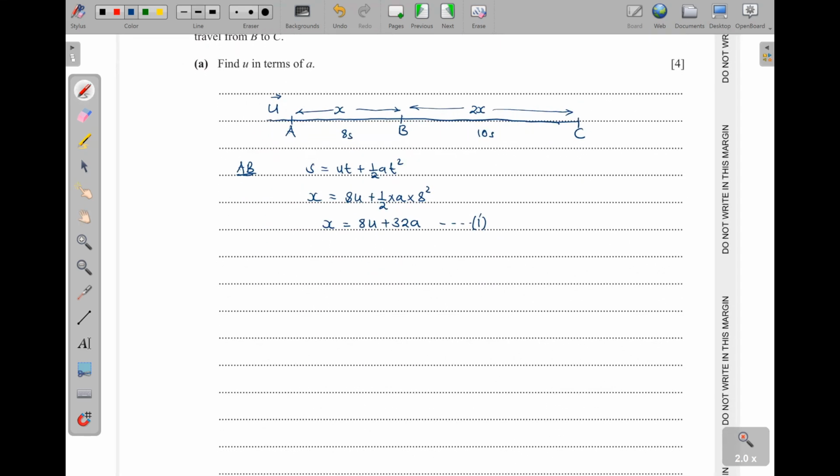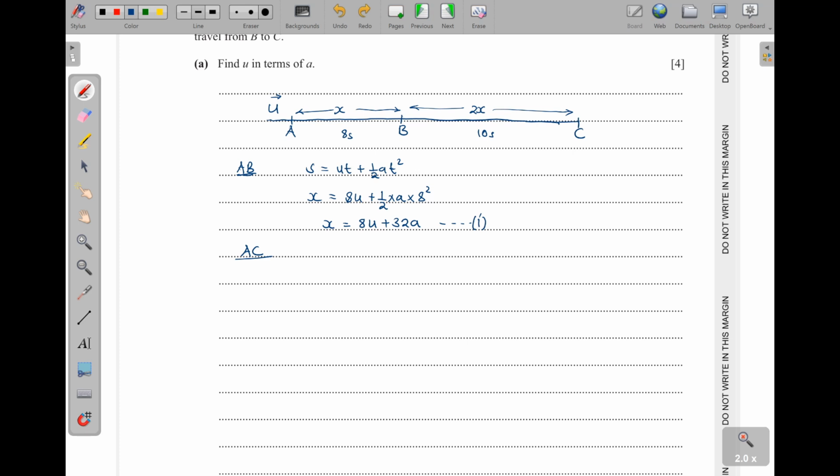Then let's look at the movement from A to C. I'm not using the movement from B to C because I don't know the speed here also. So I can just take from here and here such that u is common. So from A to C, I'm substituting also here, s is equal to ut plus a half at squared.